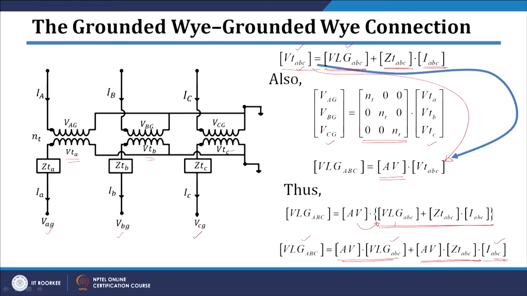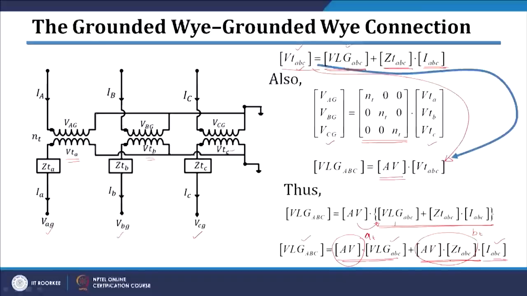So, definitely this will become your A parameter AT, and AT I am writing because transformer. So, A parameter of transformer I am writing AT. If it is for regulator I can say AR. So, AT, and then this parameter is your BT.